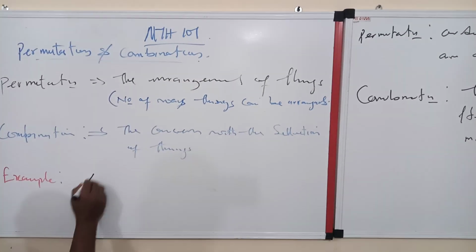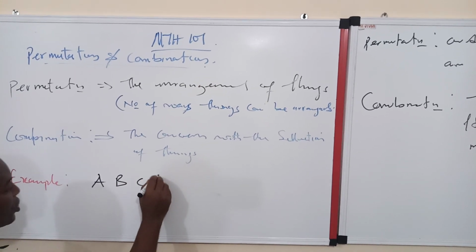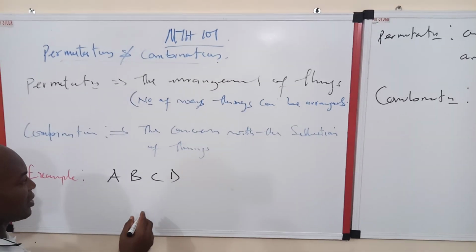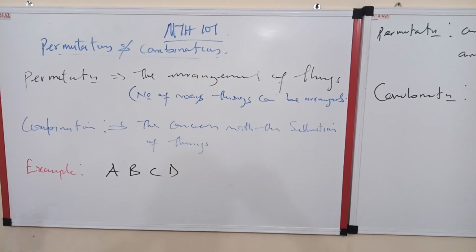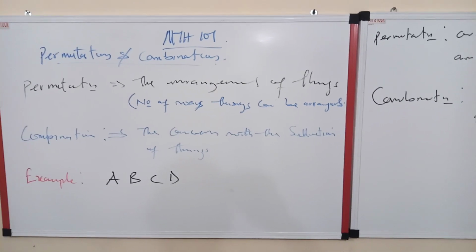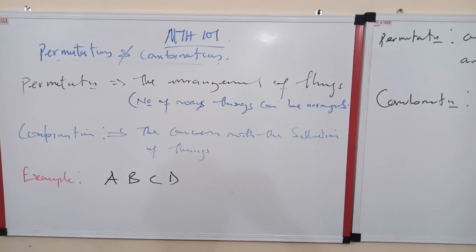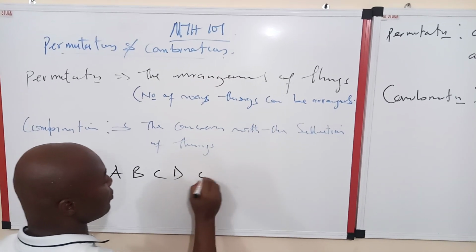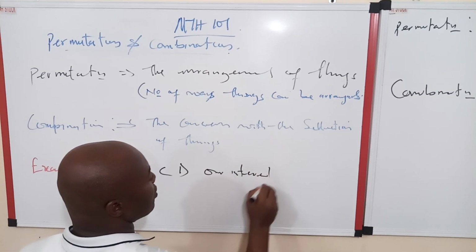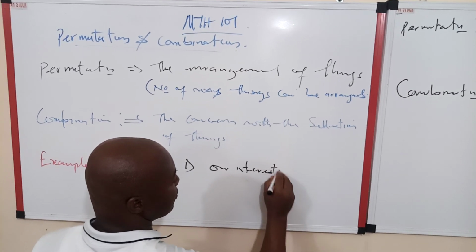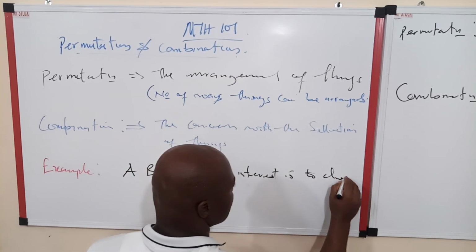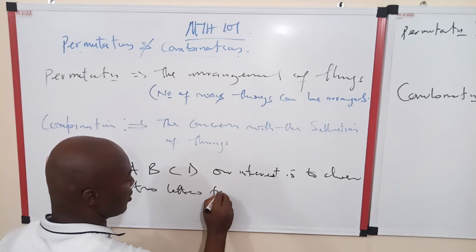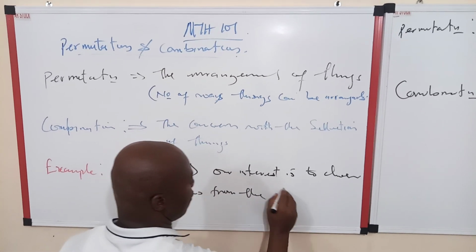Let's consider up to four letters, say A, B, C, D. In terms of permutation, where the order really matters, our interest here is to choose 2 letters from the 4.